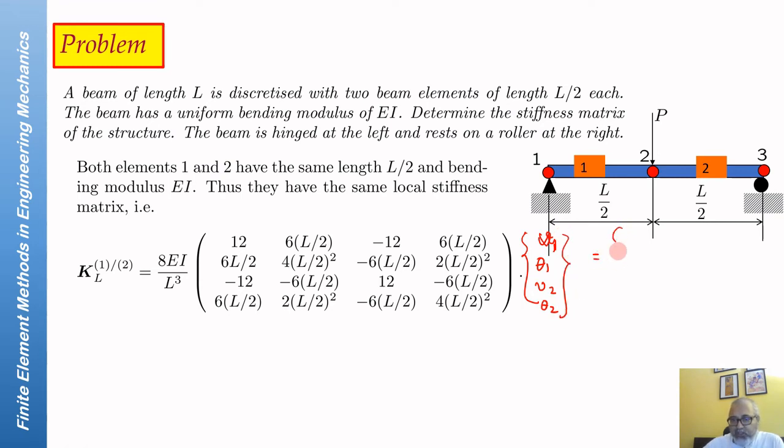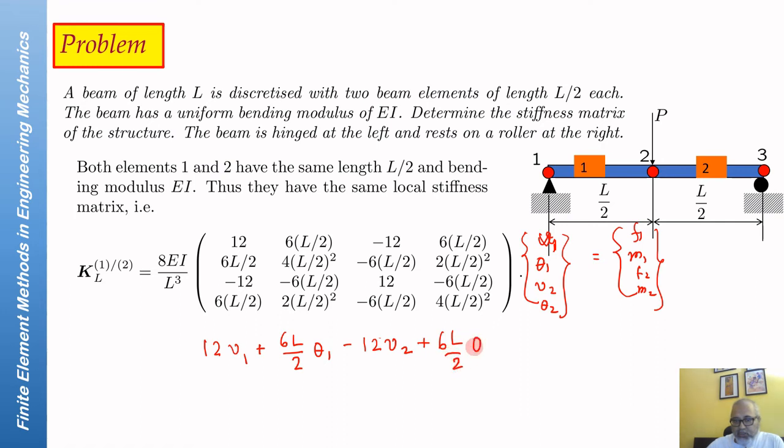So this has to be equal to F1, M1, F2, M2. I know this, so 12 times V1 plus 6L by 2 times theta 1 minus 12 V2 plus 6L by 2 theta 2, whole times 8 EI by L cube will be equal to my F1, right?